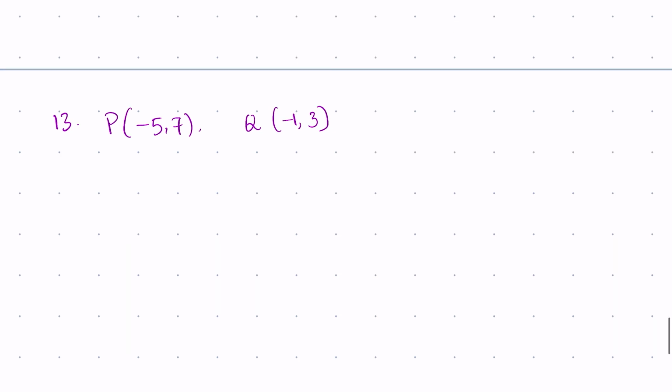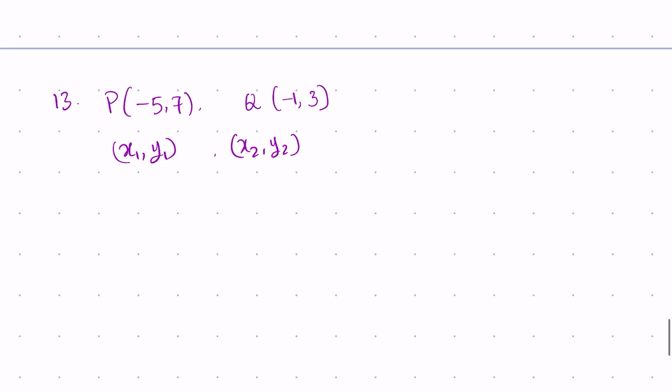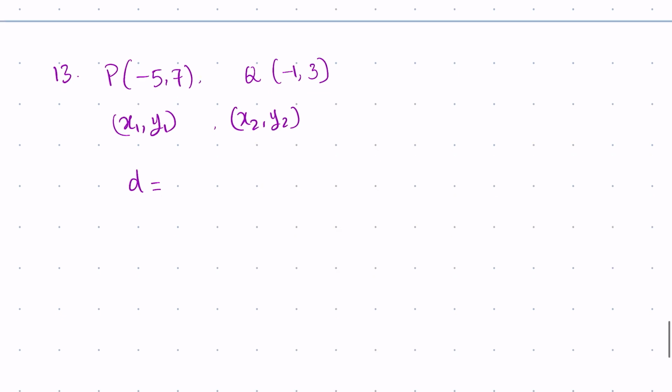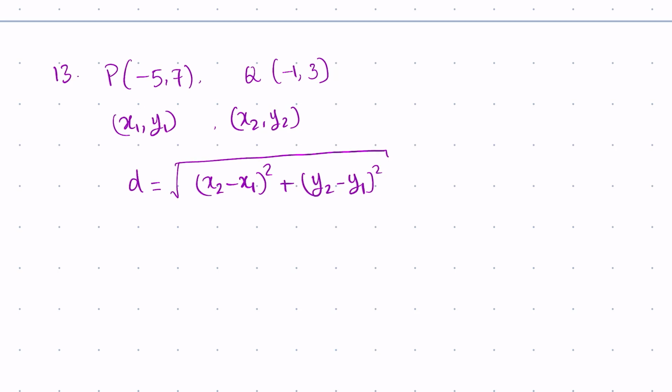If you represent the points as (x1, y1) and (x2, y2), then the distance formula, the distance between 2 points in coordinate geometry, is nothing but x2 minus x1 whole squared plus y2 minus y1 whole squared, and square root of that.